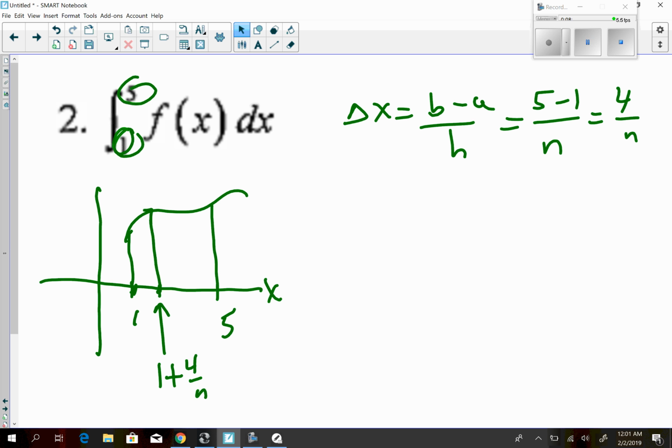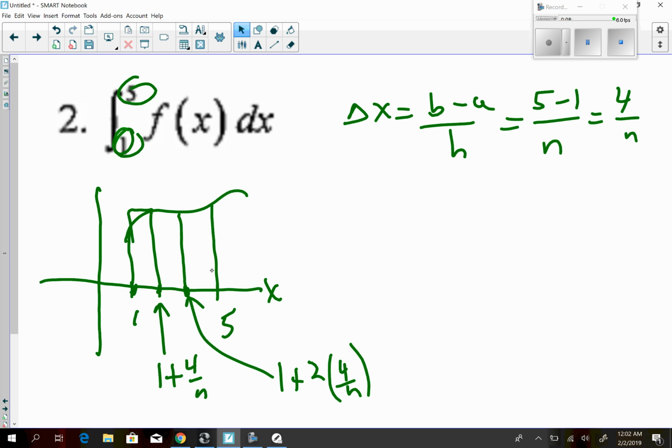There's a rectangle. The next rectangle will end here, which the x coordinate there is going to be whatever the starting x value is, plus twice 4 over n, and so on.